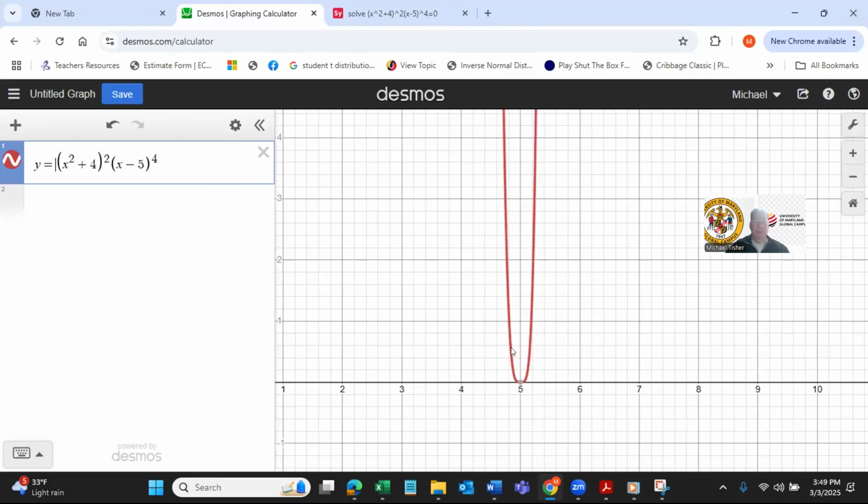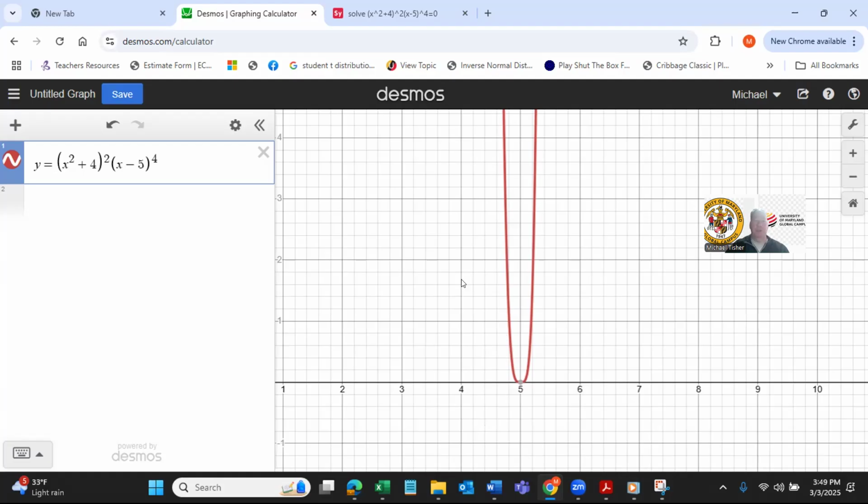Now the thing to know is that the zeros are synonymous with the x-intercepts. Earlier we had the zeros of 2i and −2i. Since those were imaginary, those do not show up on the graph at all. The only things that show up on the graph are when the zeros are real.